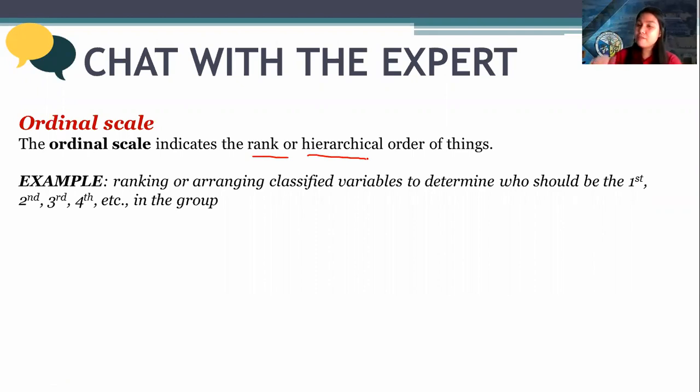Another, valedictorian, salutatorian, first honorable mention, second honorable mention, third honorable mention. That's non-numerical, but there is an order. Or first, second, third, fourth, or number 1, number 2, number 3, number 4. It's numerical, but there is an order. That's why we call it the ordinal scale.